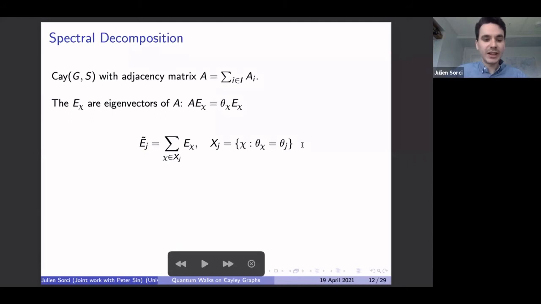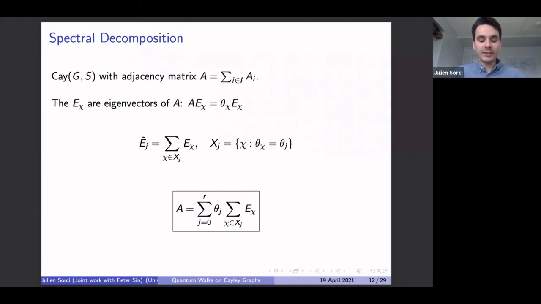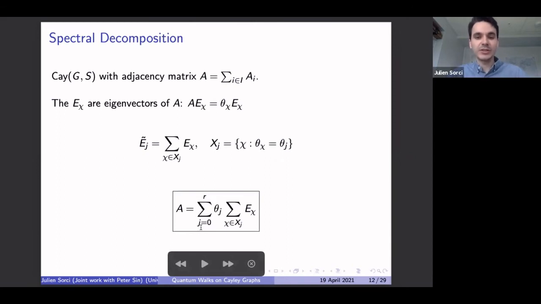And if you put this all together, we have an alternative description of the spectral decomposition in terms of this other set of orthogonal idempotents. This is really nice because the spectral decomposition is all in terms of the characters of the group, which will be really helpful for us.